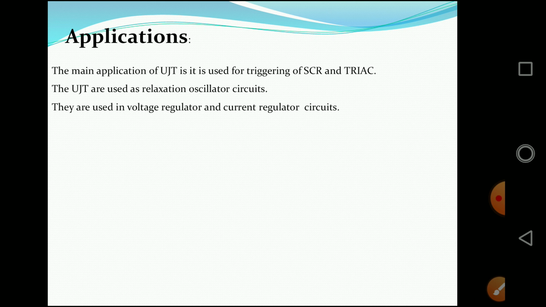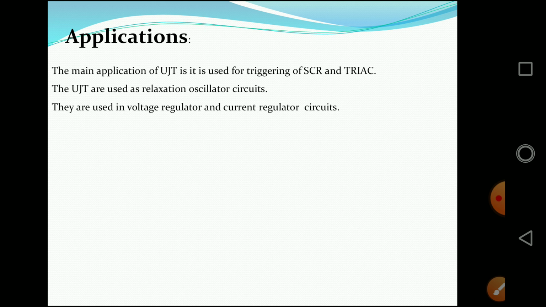In SCR working, I explained that whenever we need to turn on the SCR, the gate should get positive pulses, and those gate pulses can be generated by using a UJT. So the UJT is generally used for triggering, that is, to turn on the SCR and triac.